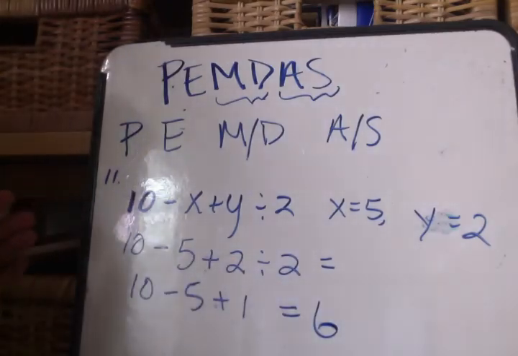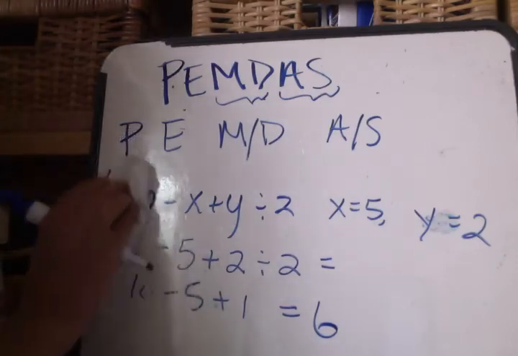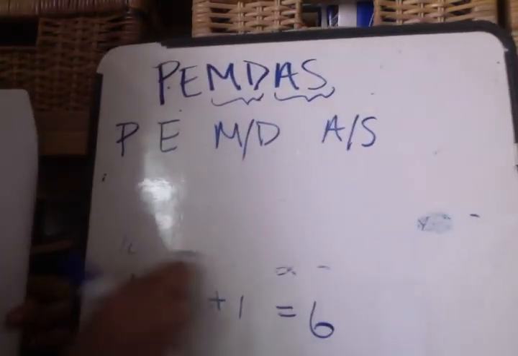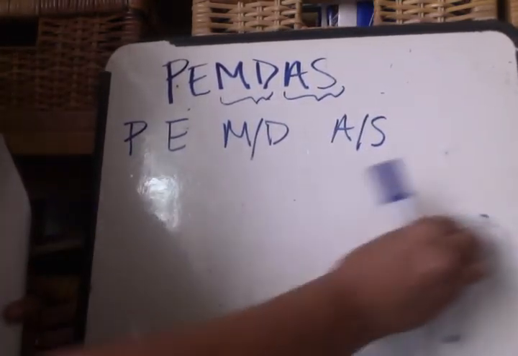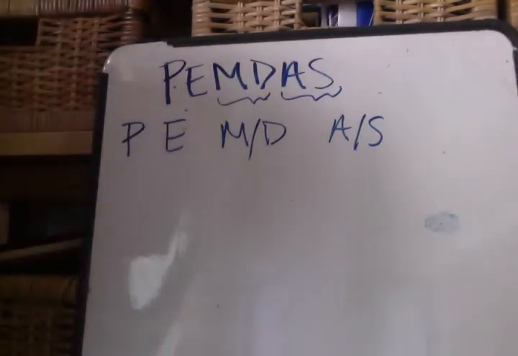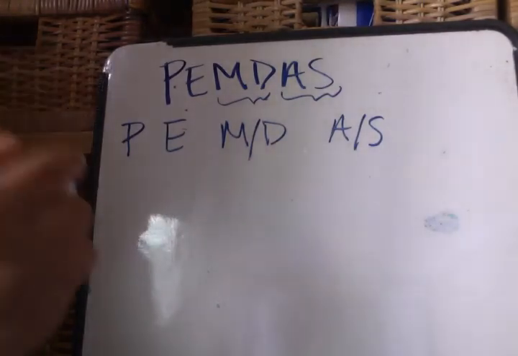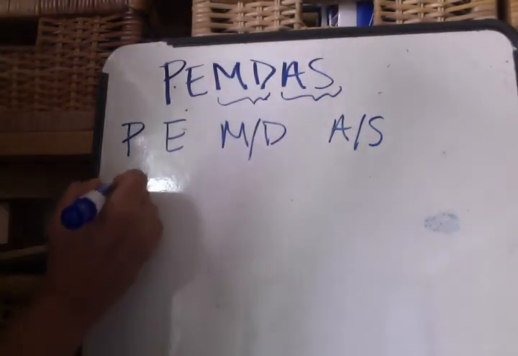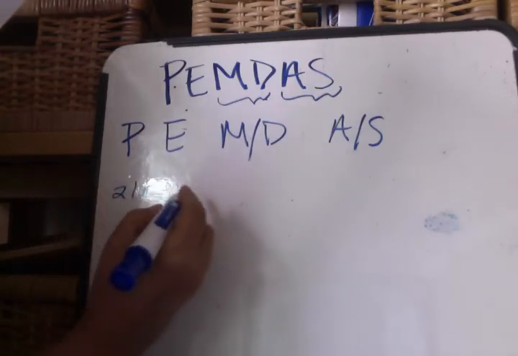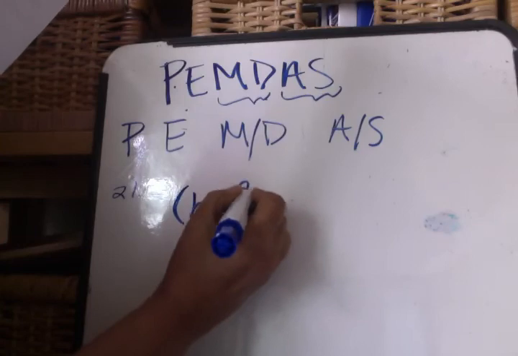Okay, and then finally I'm going to do number 21. And 21 says b minus 1 squared plus a squared.